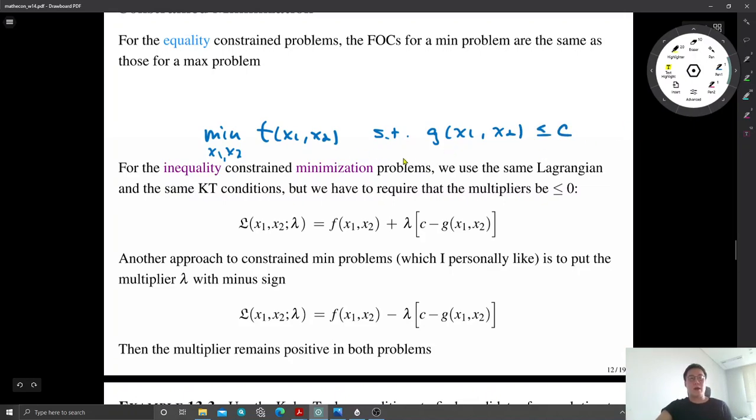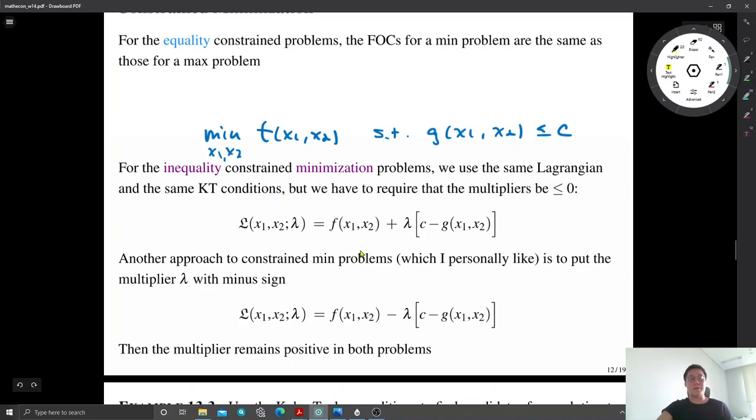For inequality constraint minimization problems, we use the same Lagrangian and the same Kuhn-Tucker conditions, but now we have to require multiplier lambda be non-negative or non-positive. So the sign of the multiplier is changed. But that is just one possible approach.